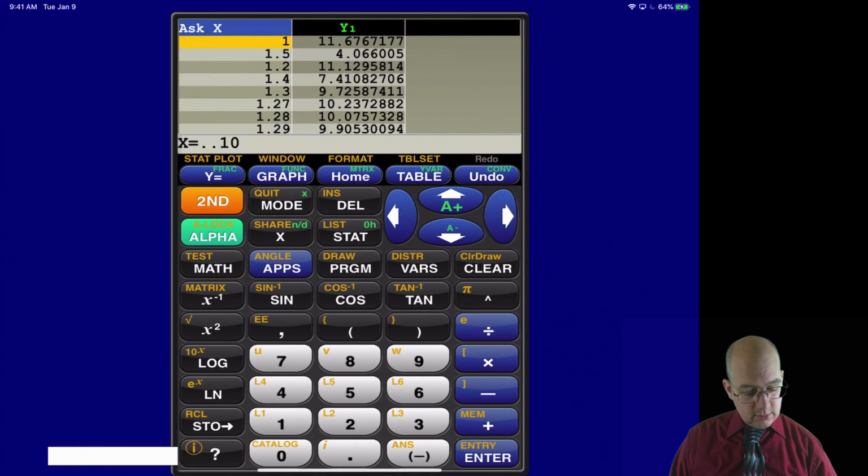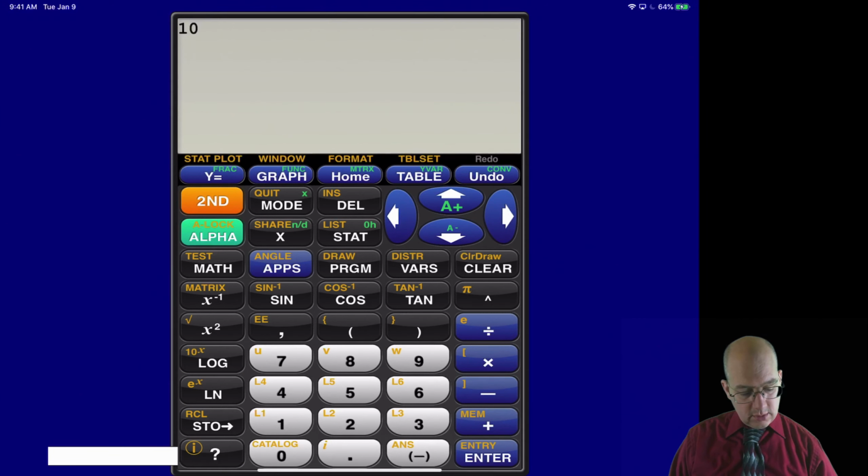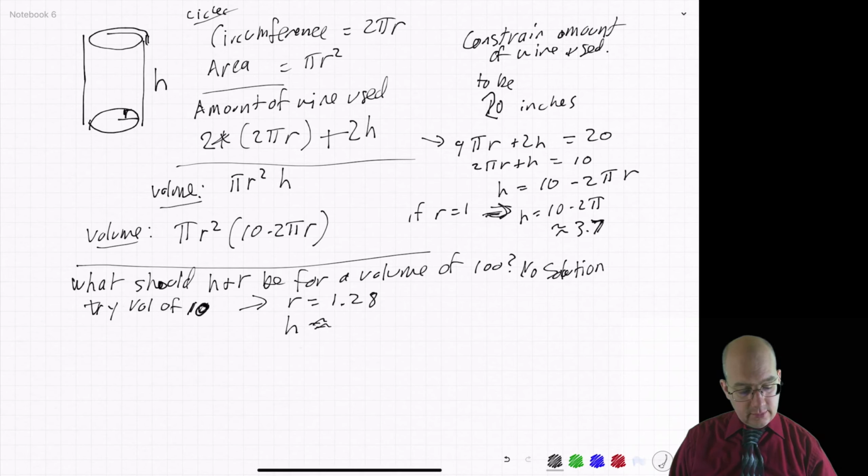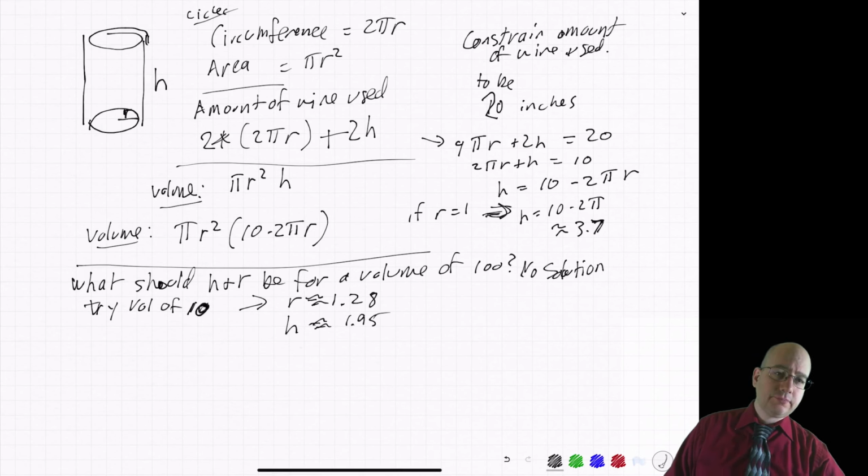So 10 minus 2 pi x times 1.28, say. So it's about 1.95. Okay. So that's how you get a particular feeling for this thing. You can guess and check.